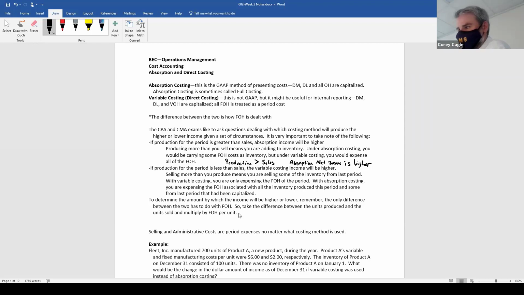Just don't crowd your mind, memorize a bunch of stuff, but do say that over and over. Production greater than sales, absorption income is higher. But if production is less than sales, variable income is higher.